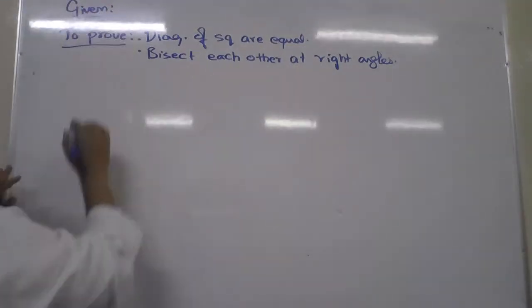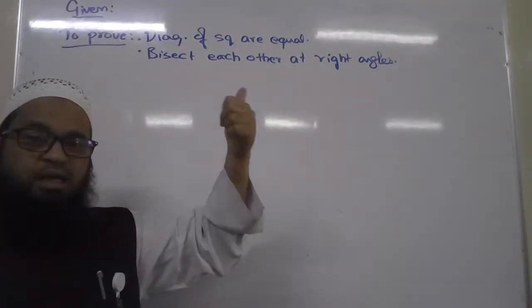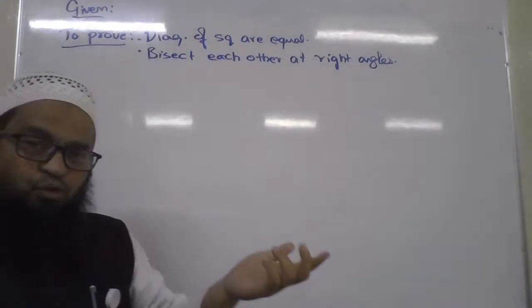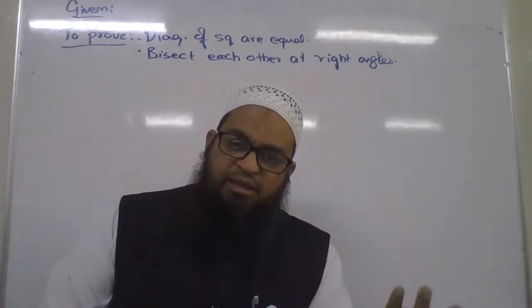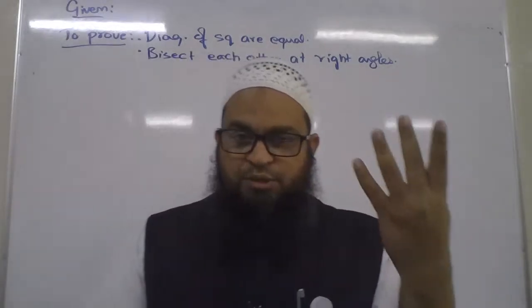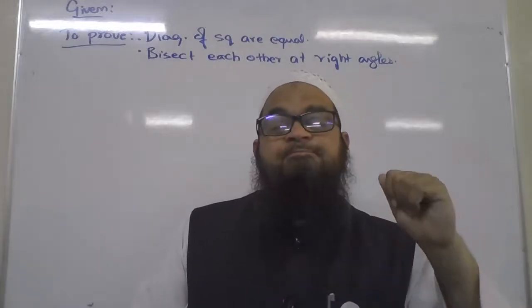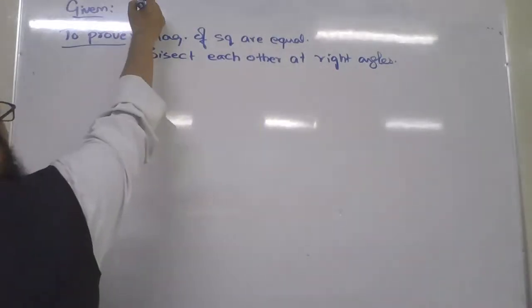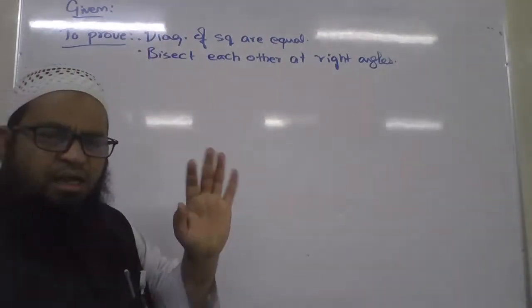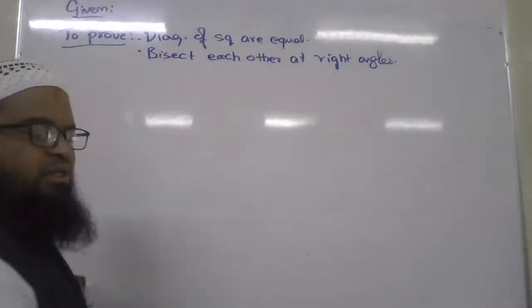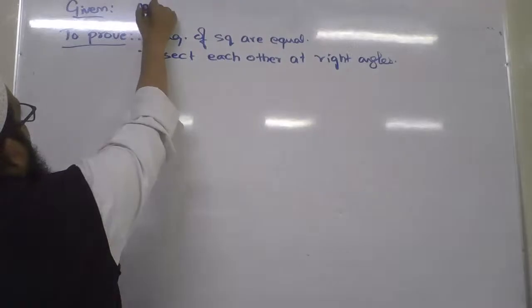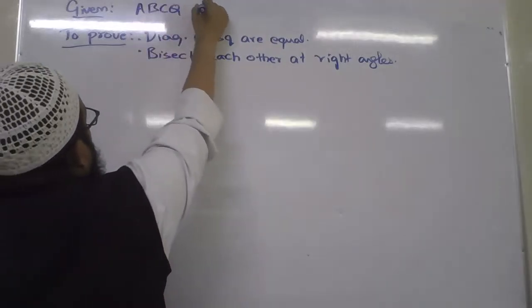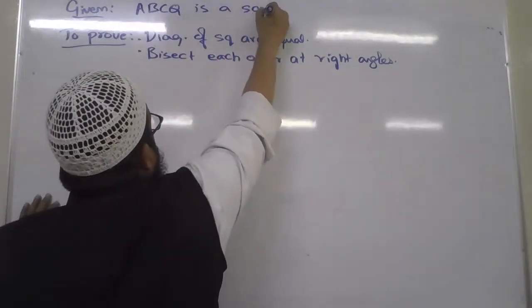Whenever you are supposed to prove, there are 5 steps, right? Given, to prove, construction if you want to draw anything, the fourth one is proof, and the fifth one is conclusion. So yes, Sriram, good. So given, you can take any names. Okay, since Sriram has already given, let us take given ABCD is a square.